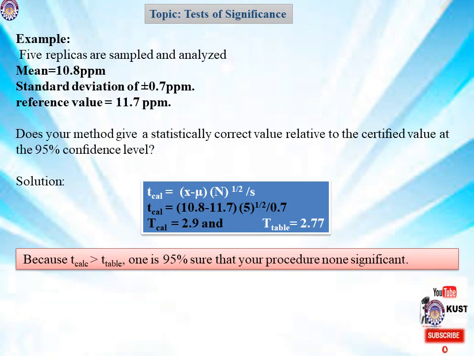This is an example of how the test of significance, or t-test, can be calculated when the accepted value is present.